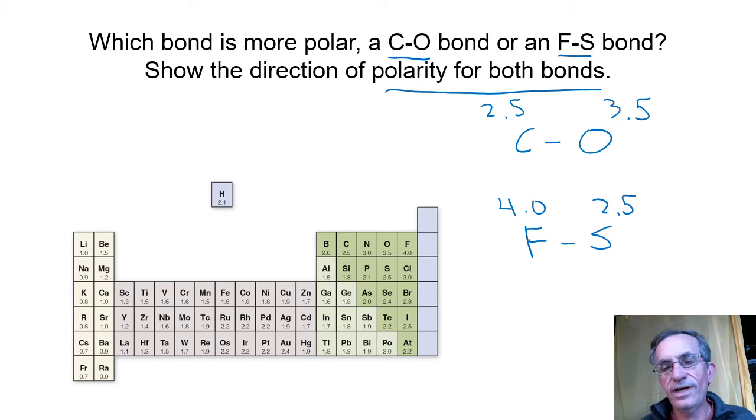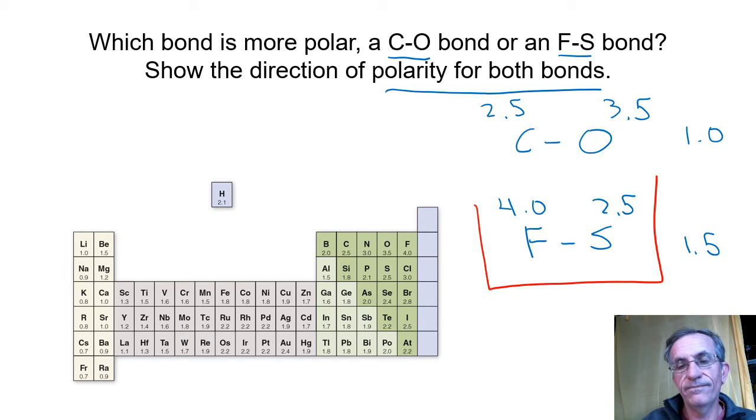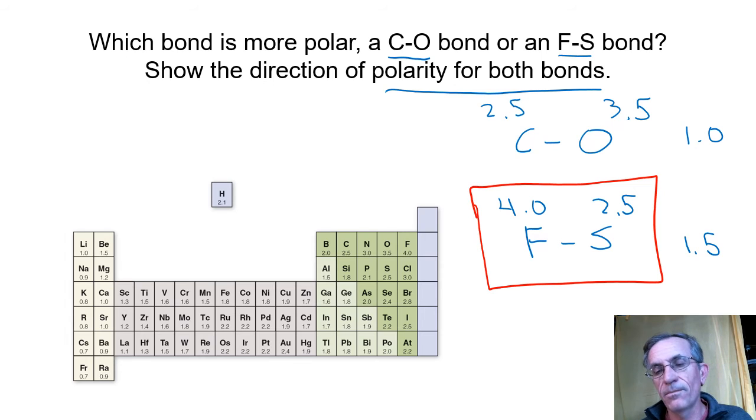So if I subtract in the carbon-oxygen, the difference would be 1, wouldn't it? Yeah. And then down here, the difference would be 1.5. Keep in mind, we're always taking the absolute value. All right, so they're both polar bonds because they have a difference of more than a half. Which one's more polar? It's going to be the fluorine-sulfur bond. Bigger difference, more polar.